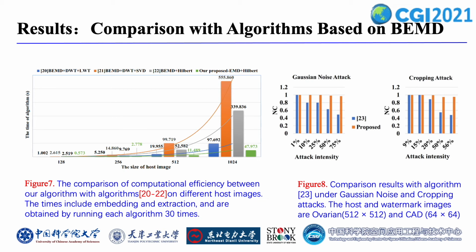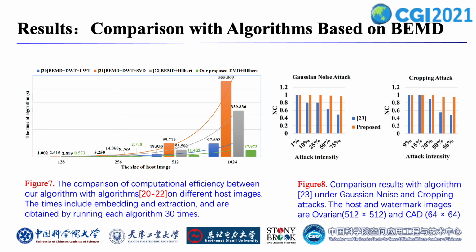Algorithm 20 is a no-blind watermarking algorithm combining BEMD, DWT, and LWT. During the embedding and extraction process, the BEMD is performed 3 times. Since the downsampling scale of DWT is adopted, algorithm 20 is faster than algorithm 21.